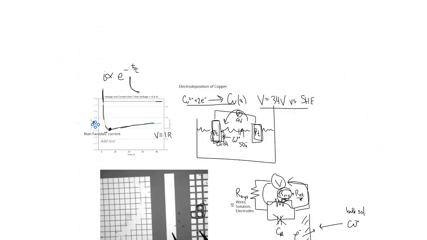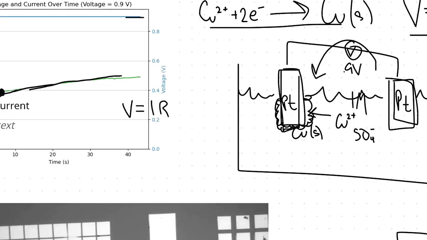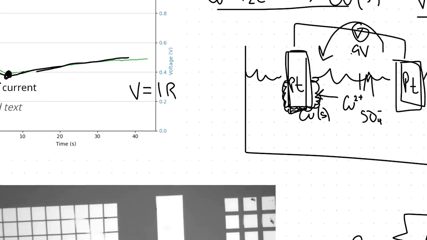as our electrode acquires this copper solid, this thin film that we see over here, its surface area is increasing. How does that work? Well, let's think about it atomically. We have this perfectly flat platinum electrode, and then suddenly little bits of copper start to form onto it.